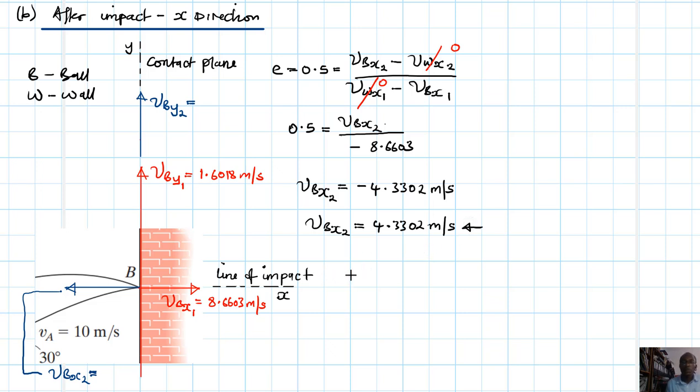All right, and then for V_BY2, this is just going to be equal to V_BY1, and this is equal to 1.6018 meters per second. So with this in mind, let me just create a bit of a boundary here.